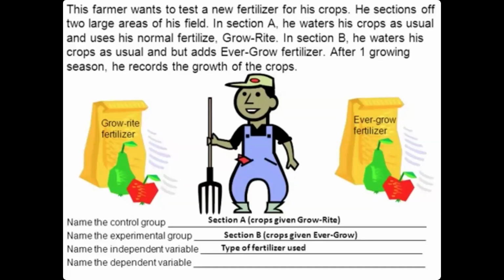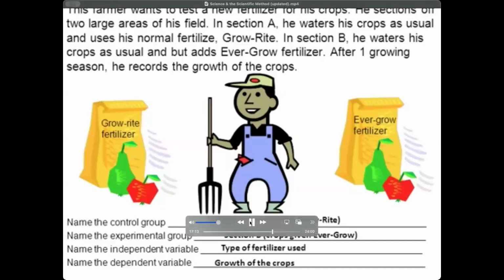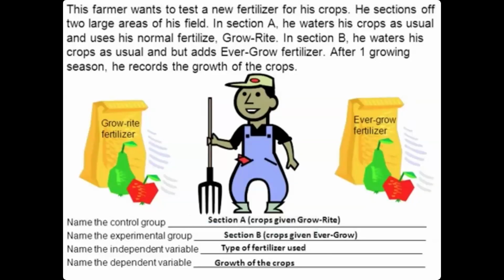Okay. Lastly, the dependent variable is the data measured. How does he know which fertilizer works better? He has to record and measure something. And what he's doing is recording the growth of the crops. So we got another one wrong. The dependent variable is the growth of the crops. After all, it is fertilizer.